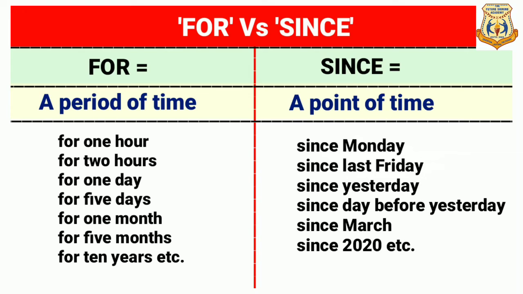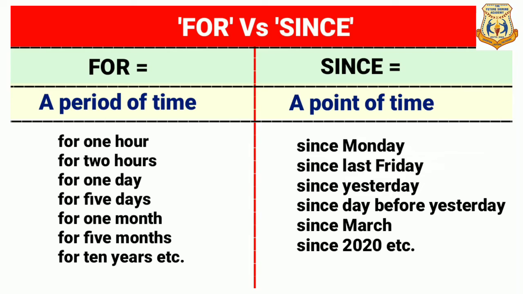And this is the most important part. You must have a clear idea about it. So let's have a shortcut to understand this. Here you see, for means a period of time and since means a point of time. For equal to a period of time and since equal to a point of time.